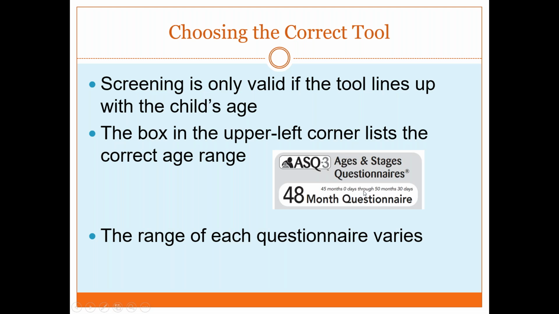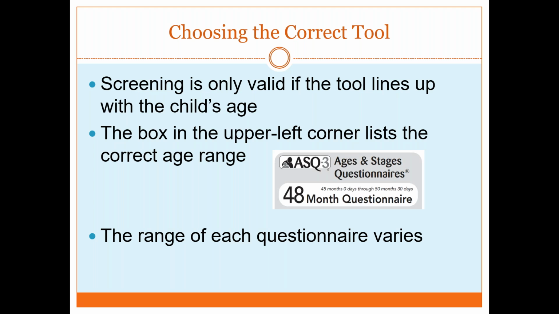Make sure that you clearly find the tool that fits the child's correct age, and know also that the range of each questionnaire, the months and the days that it looks for, varies. So what I'm saying is that the early questionnaires have approximately a 2-month window, while questionnaires for older children have a window of up to 6 months.